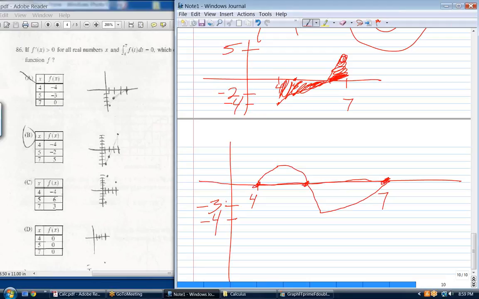So it wouldn't work. So B is the only thing that is possible. And you've drawn a pretty good picture of it here. Thank you. Yeah. And here, in fact. In other words, this one shows you that that area would have to be negative, not 0.